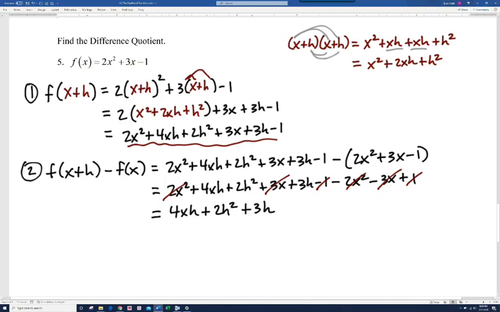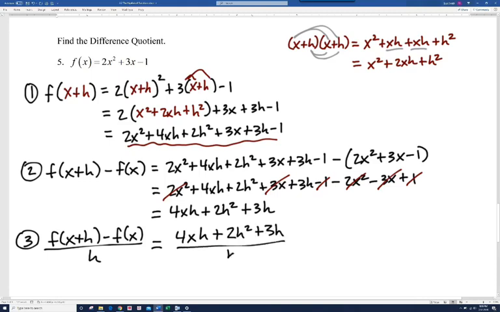And so finally we're ready for that last step. So our difference quotient, f of x plus h minus f of x, all over h, is going to equal 4xh plus 2h squared plus 3h all over h. Again, we already found our numerator. It's right here. And so now what we want to do is break this into 3 fractions. It'll be 4xh over h plus 2h squared over h plus 3h over h.